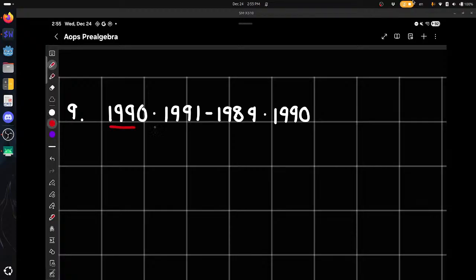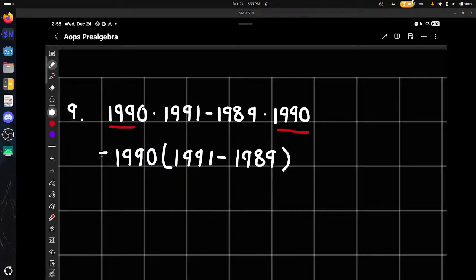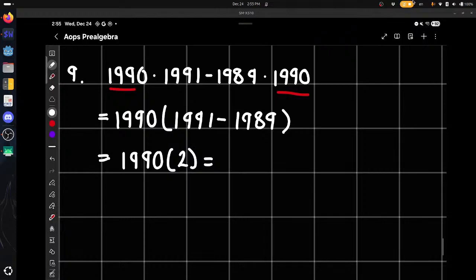I see that we have a common factor, so we can do this. Because subtraction, you can distribute it. This becomes 2. So we're left with, oh, now we gotta do this. 2000 minus 10.